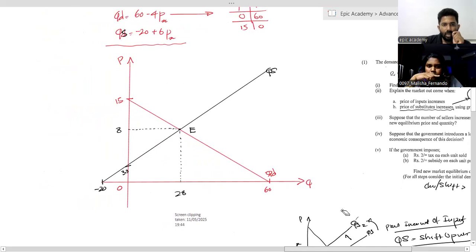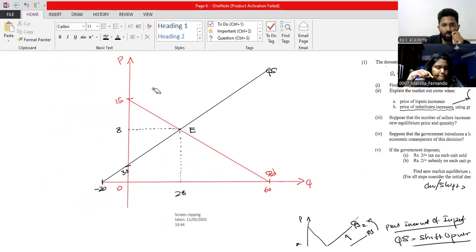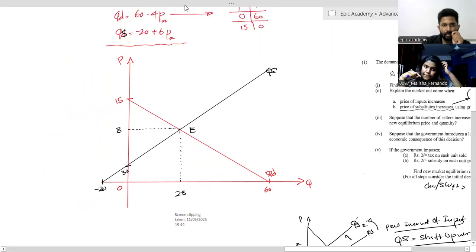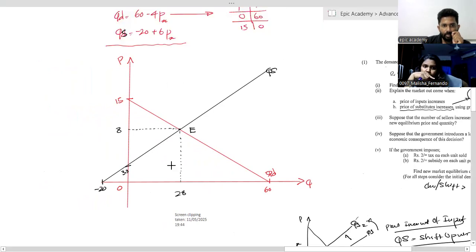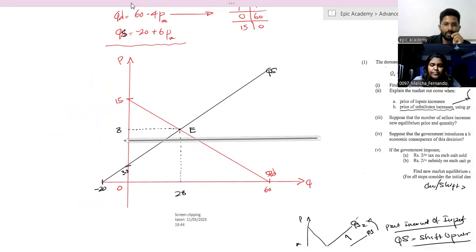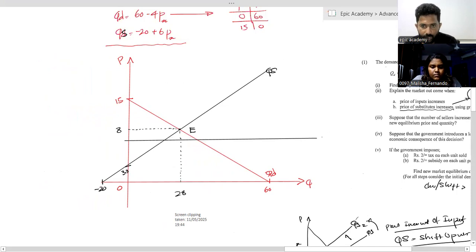First of all, we are going to draw the line for the 6 rupees. This is the legal price. Actually, it is a maximum price, a price ceiling, and the legal price is 6 rupees.